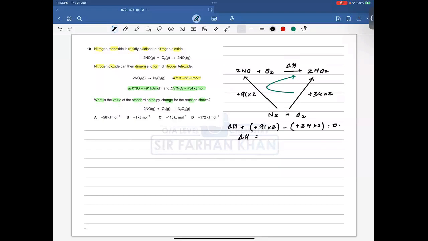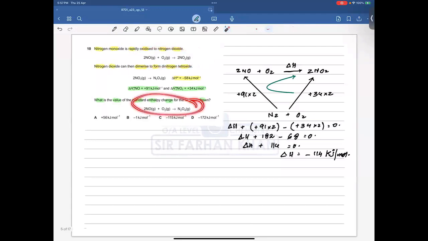Then delta H equals minus 114 kilojoules per mole. Okay. So I've got the value of this.